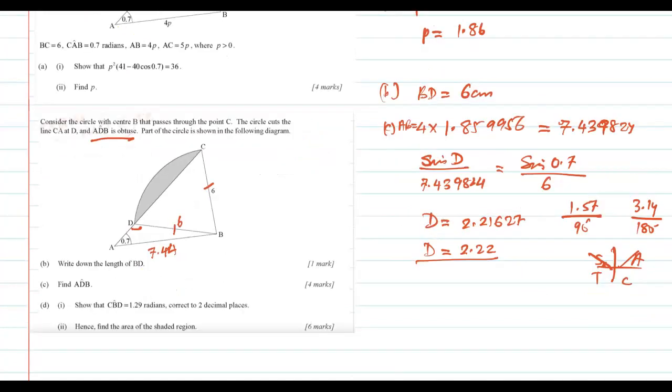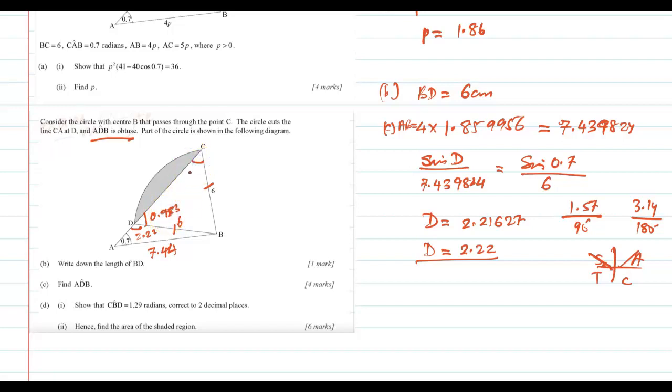So this is 2.22. To get this angle, you do pi minus that angle, which gives 0.9253.